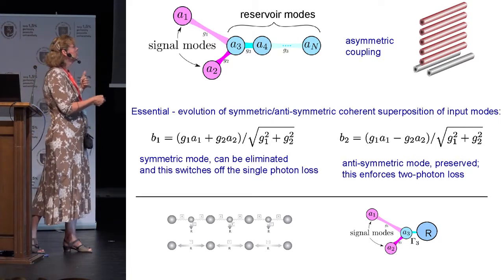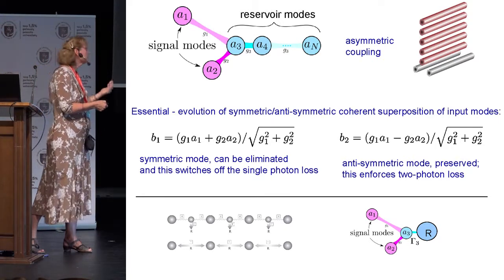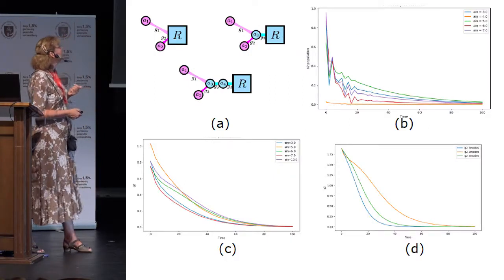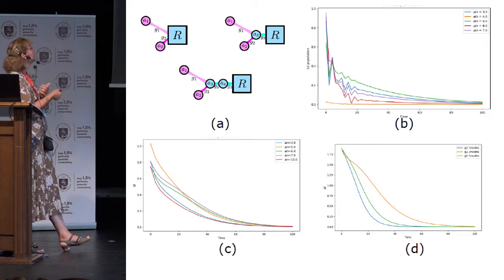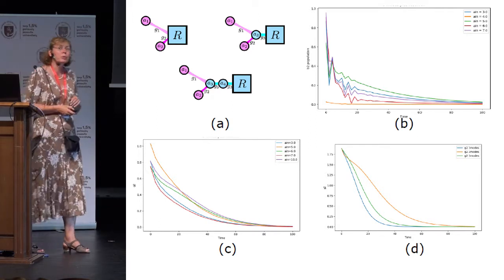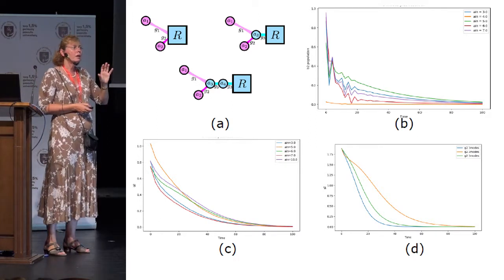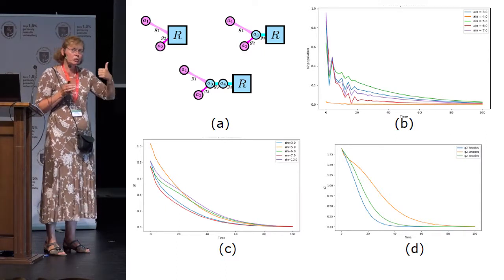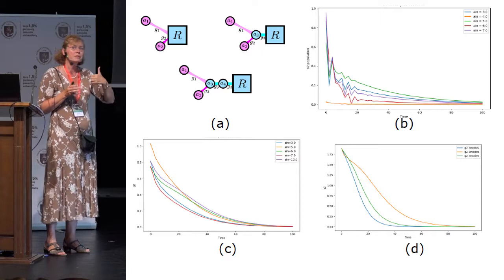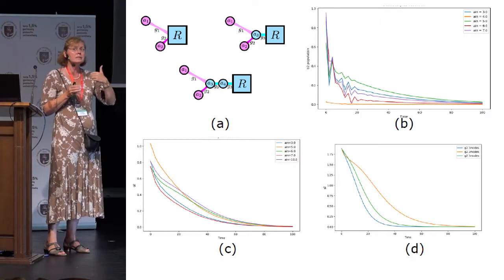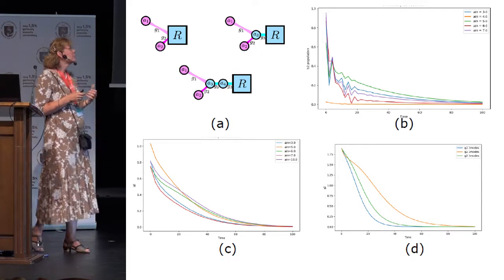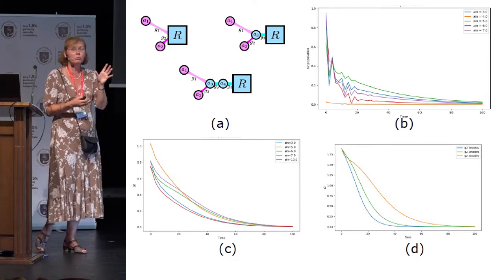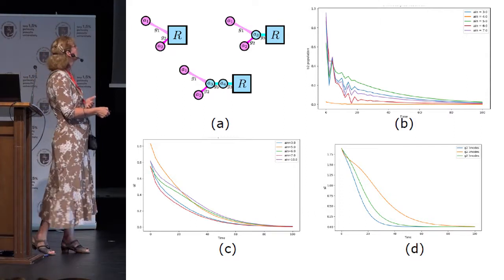Then this mode is preserved, and this enforces the two-photon loss. We played a little bit with modeling. It's interesting that there are two main mechanisms behind it: the engineered nonlinear absorption, which also survives in the semi-classical regime if you look at the mean field theory, and the purely two-photon absorption component, which is only visible if we do the full quantum simulation or quantum analytical solution.